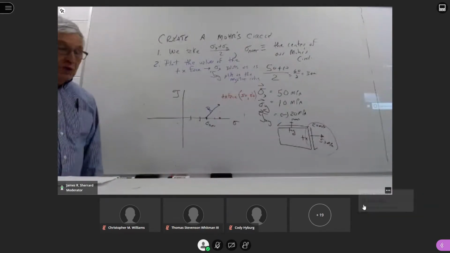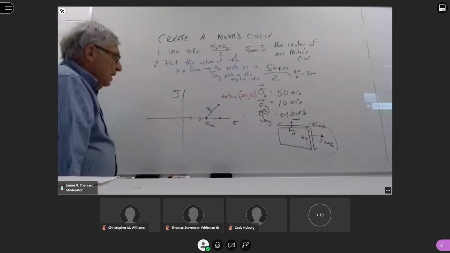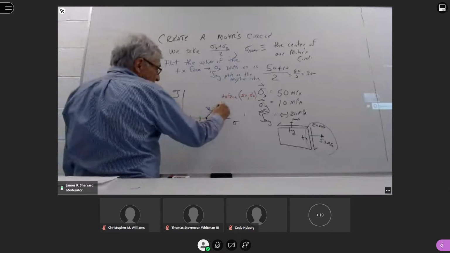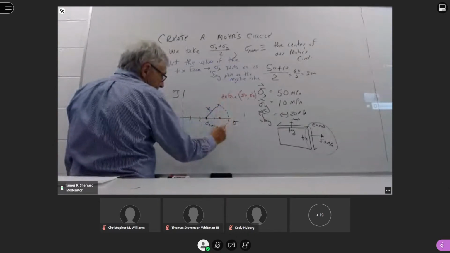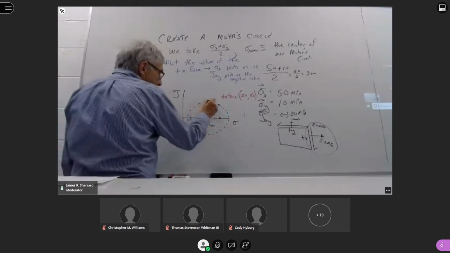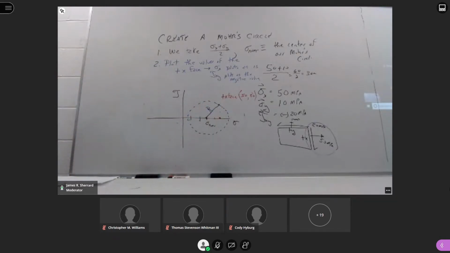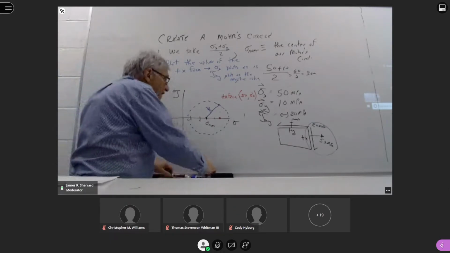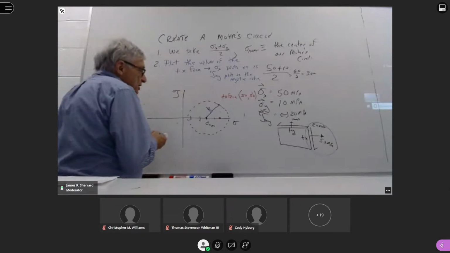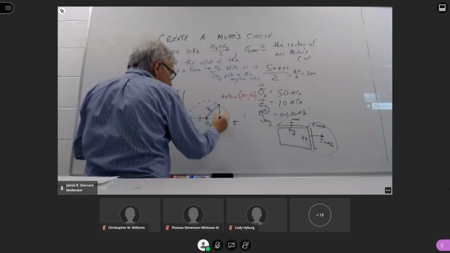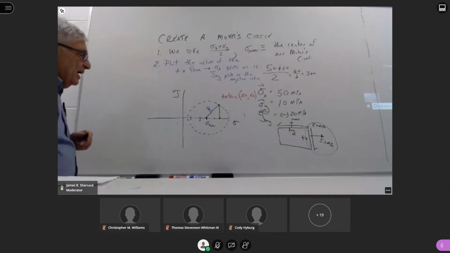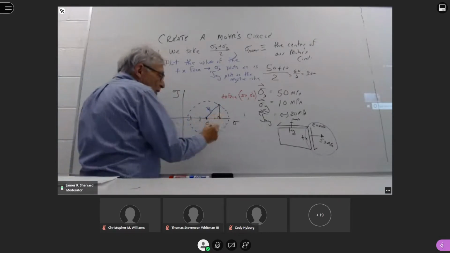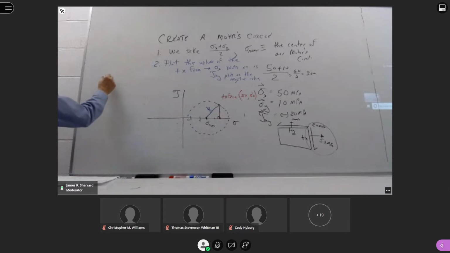Okay. So excuse my drawing here, but it's going to look something like that. Hopefully better than that. But we can find out what this radius value is by looking at the little right triangle that we have. So what is the radius?